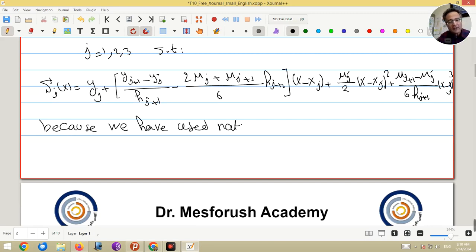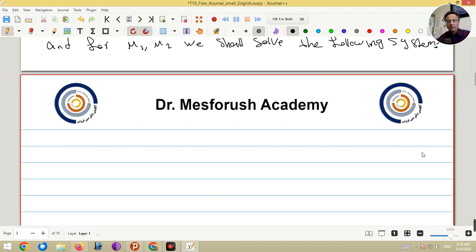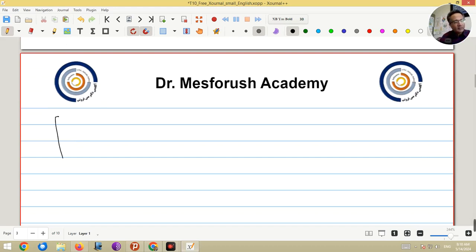We have used natural condition, so m0 and m3 should be equal to 0, and for m1 and m2 we shall solve the following system. And what's the system? The system is something like this.